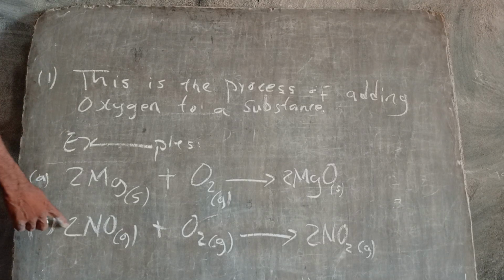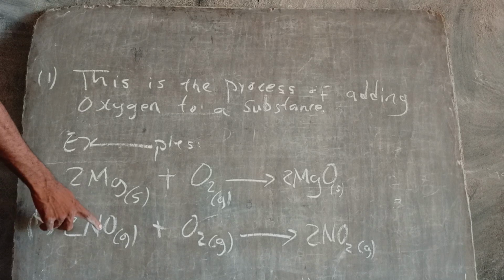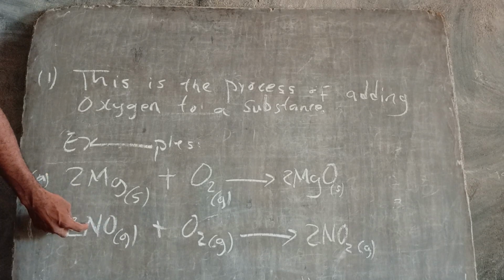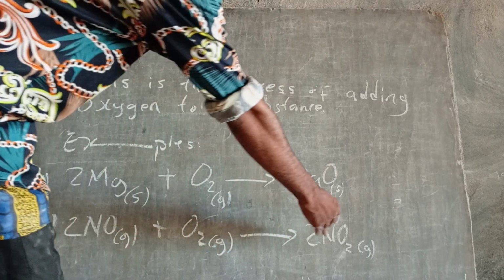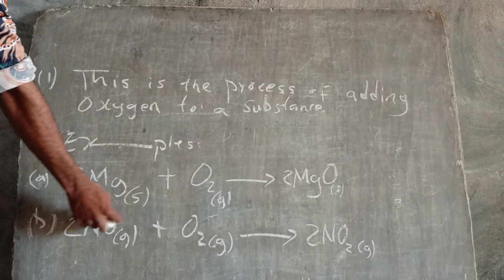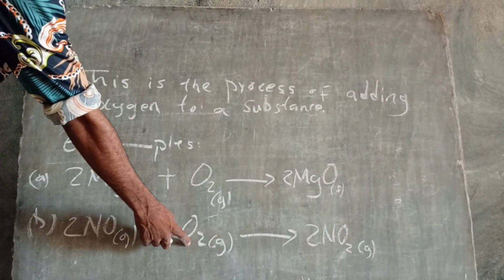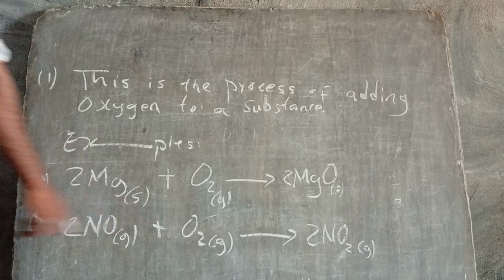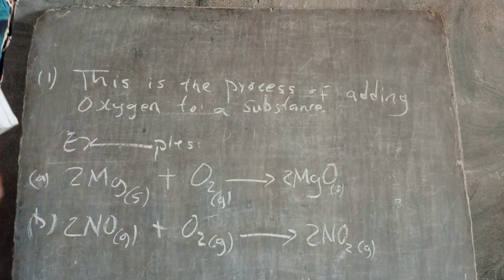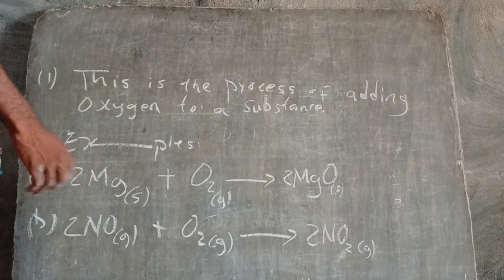Look at this one. This is NO. Nitrogen here is 2. Go to the product side, nitrogen is 2. Nitrogen is balanced. Oxygen is 2 here, and 2 here. 2 plus 2, 4. So at the left hand side, which is the reactant side, oxygen is 4.